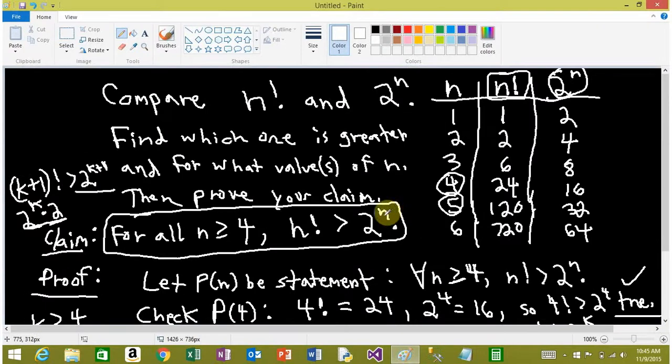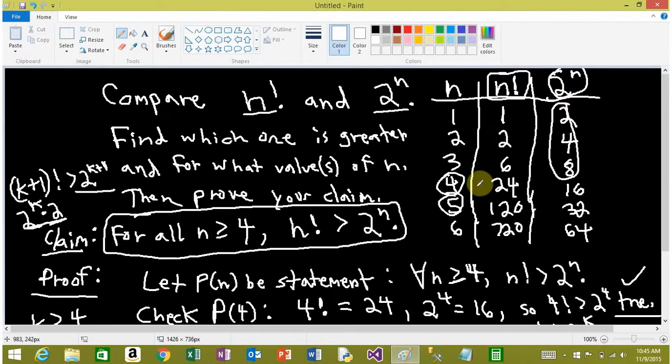But just to recap, what we did in summary is at first we compared n factorial and 2 to the n. And we did the first few natural numbers, and we see that 2 to the n was a little bit bigger than n factorial.